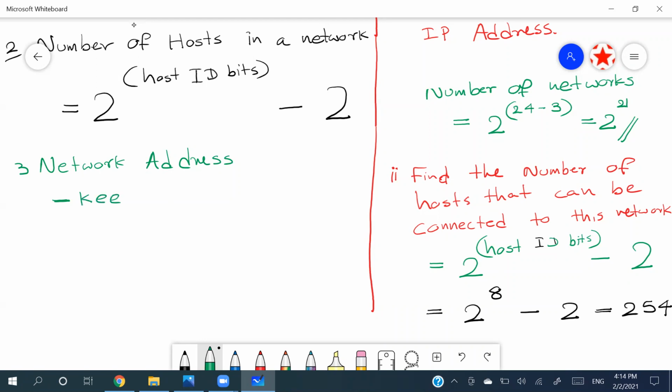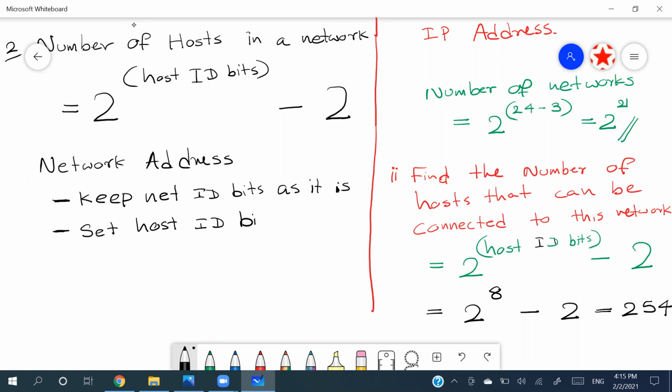Keep net ID bits as it is, set host ID bits into zeros.